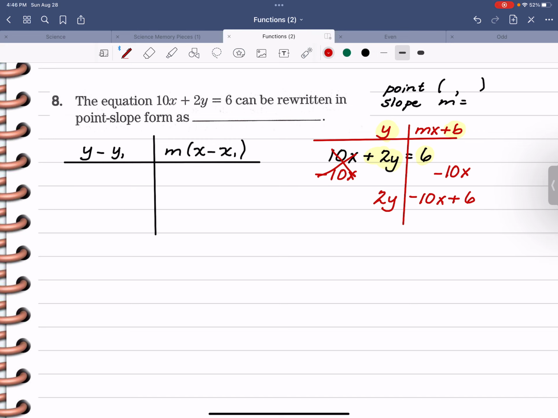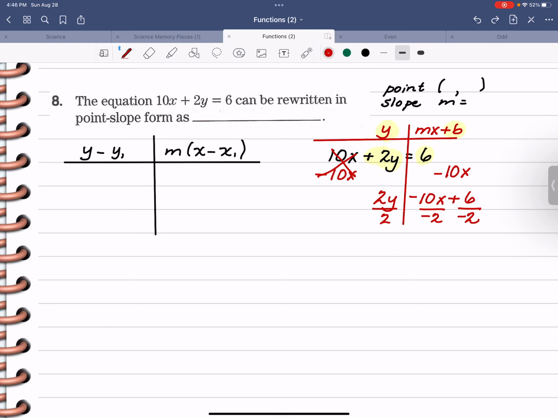Now be careful, the slope is not negative 10 because you don't have a single y, you have two y's. So we need to divide everybody by negative 2, and we will be left with a single y equals 5x. Why did I do negative 2? We need to do it by positive 2.